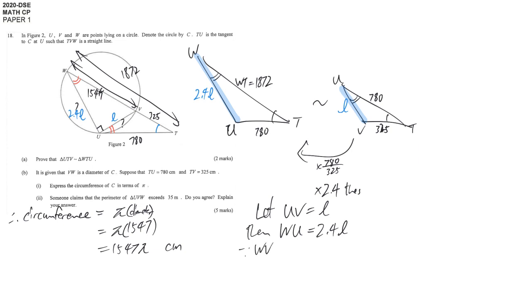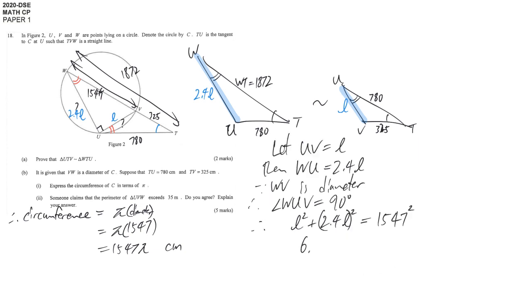Since WV is diameter, therefore we know that angle WUV is equal to 90 degrees. So we can apply the Pythagoras Theorem. L squared together with (2.4 L) squared is equal to 1547 squared.